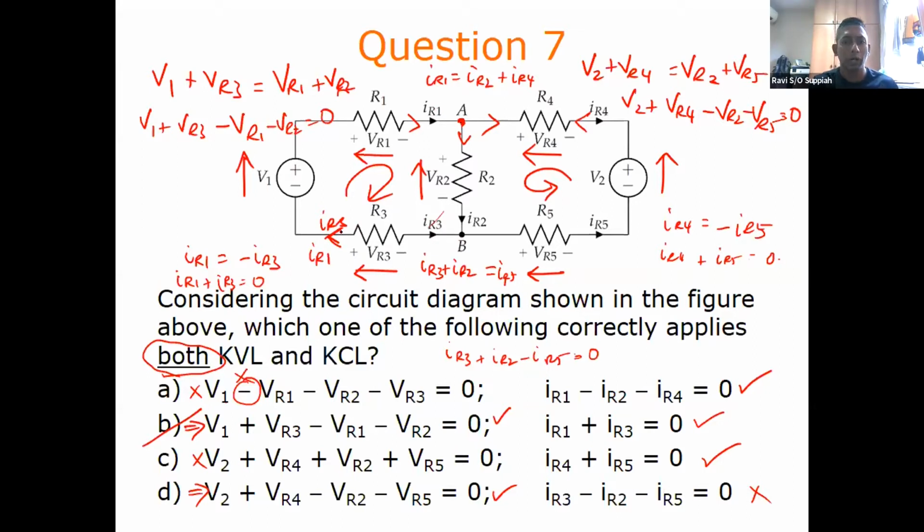That is perfectly fine. There's nothing wrong with it. If I draw IR3 in this direction, then of course the expression that I get for node B would also change. And that is also fine.